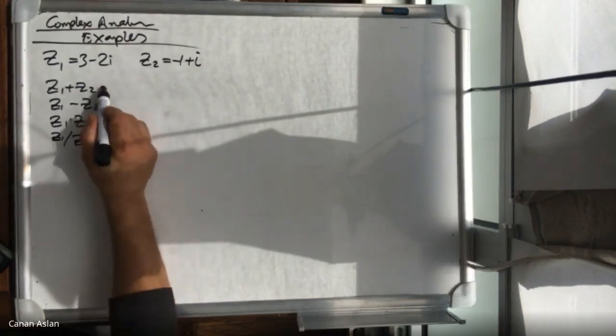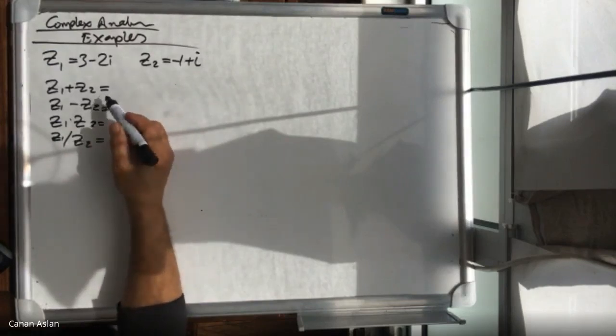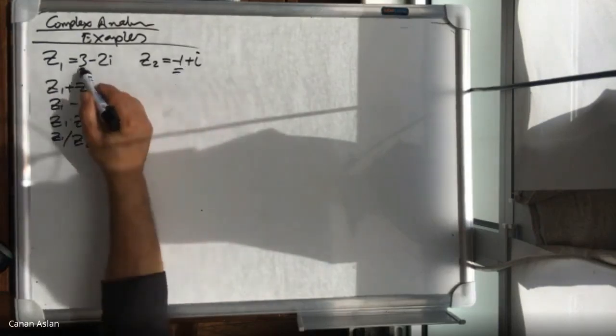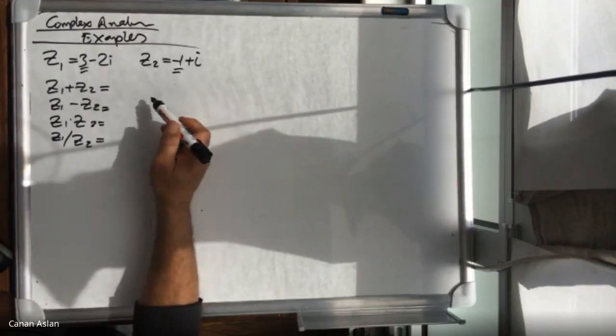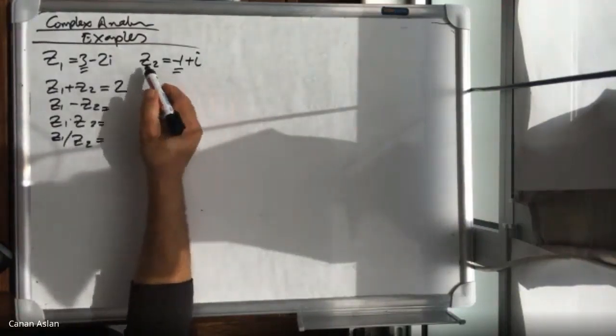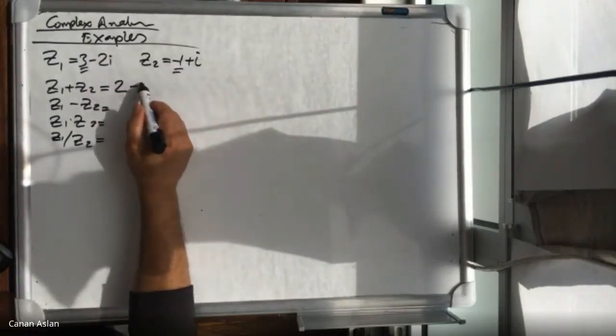Okay? The first one, we are adding two complex numbers, and as you will remember, you add the real parts and imaginary parts separately. 3 minus 1 is 2, okay? And then minus 2 plus 1 is just minus 1, so minus i.